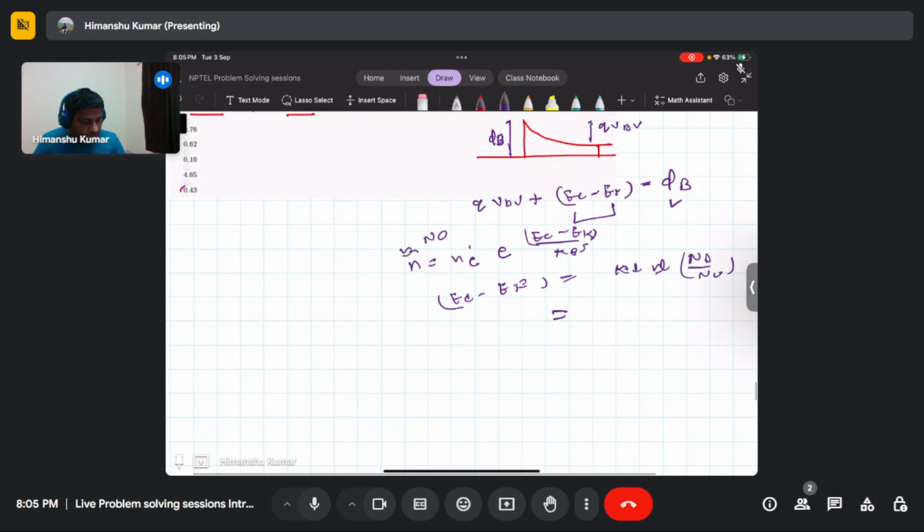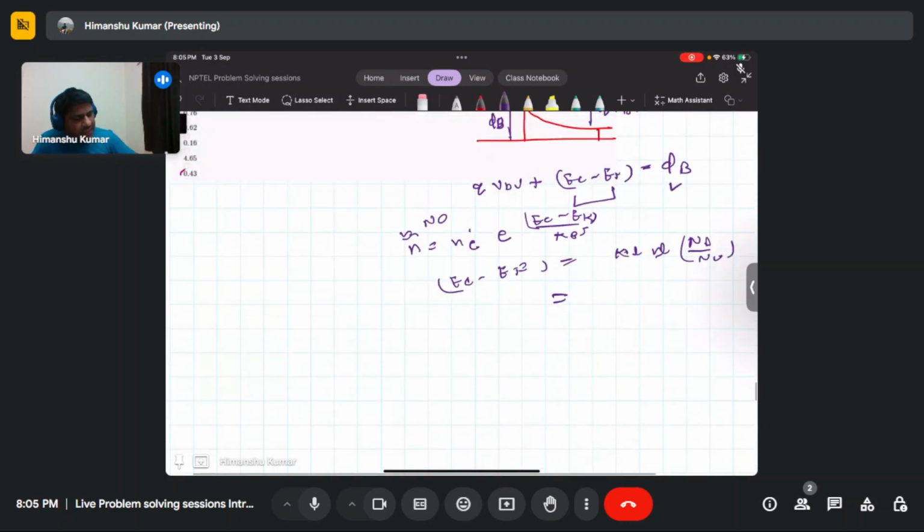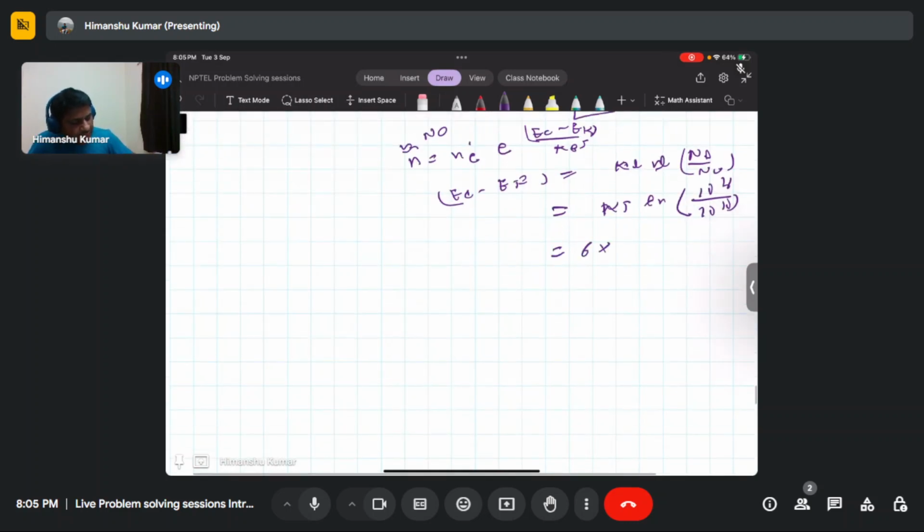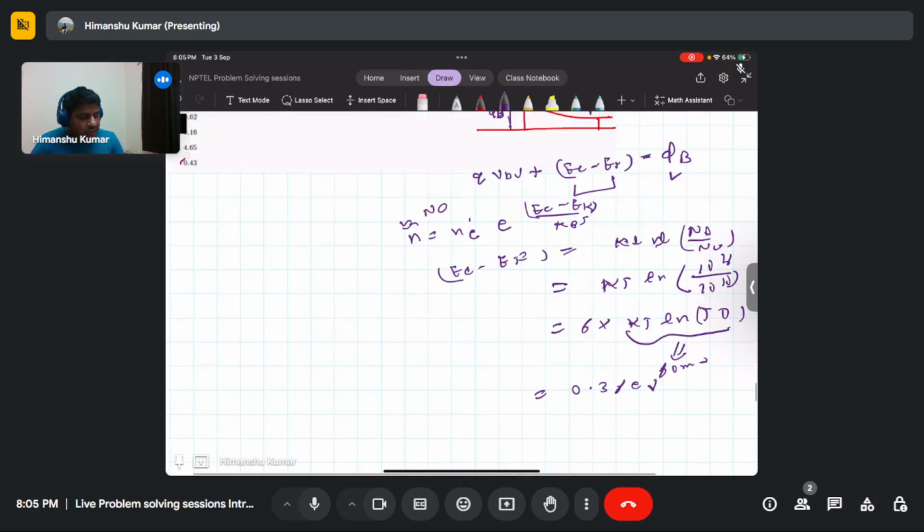If you put in the proper values, ND is 10^16 and ni is 10^10, and kT is 25 meV, so this becomes 6 times kT ln 10. This number you should remember: it is 60 meV, so you will reach 0.36 electron volt. Then you can put this in this equation.